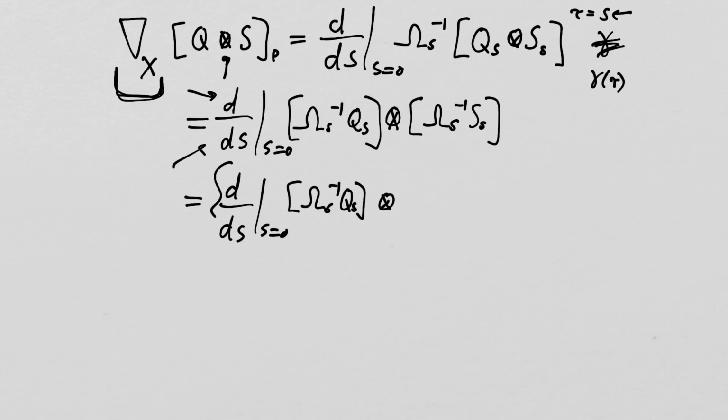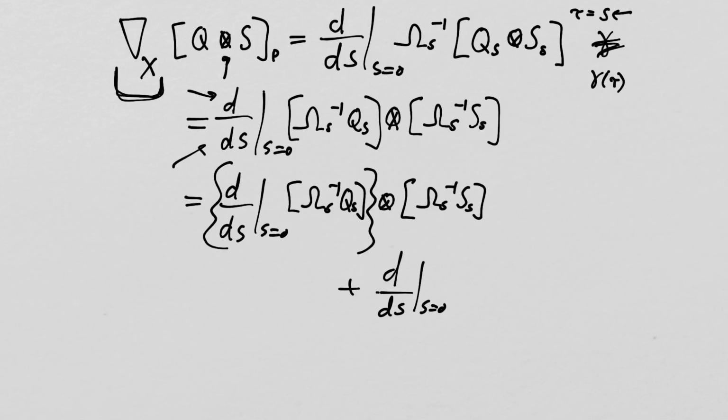Now this, I guess, I'll put in braces. Tensor product, I'm still at the bracket level, right? SS plus D ds at S equals 0.